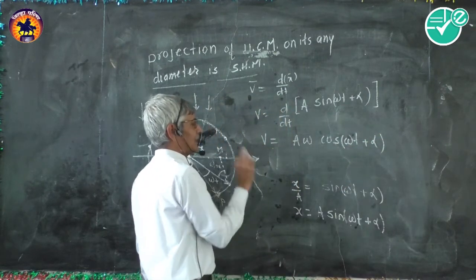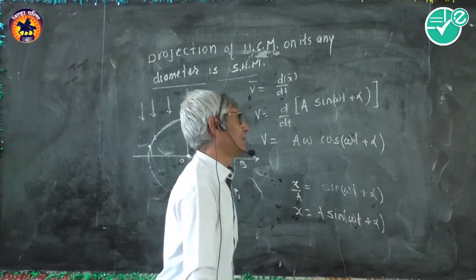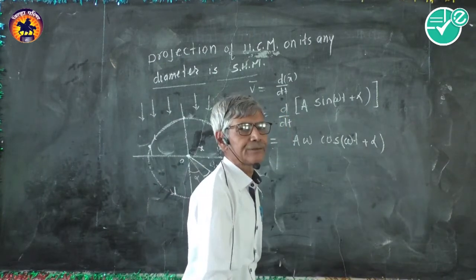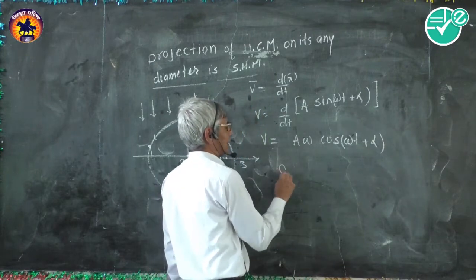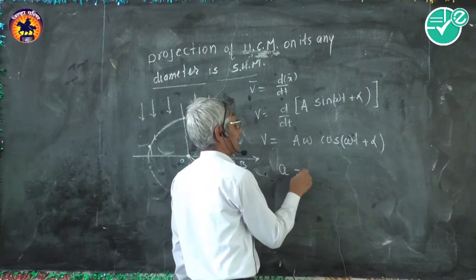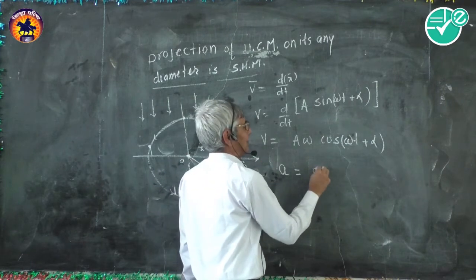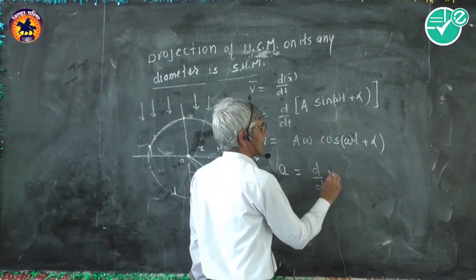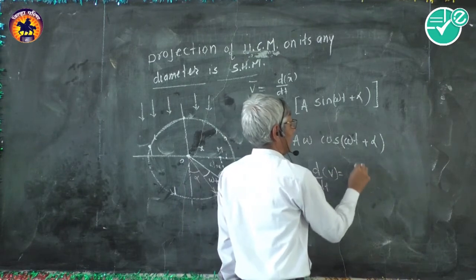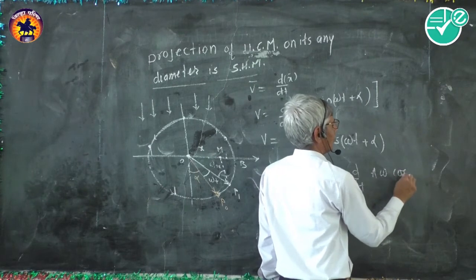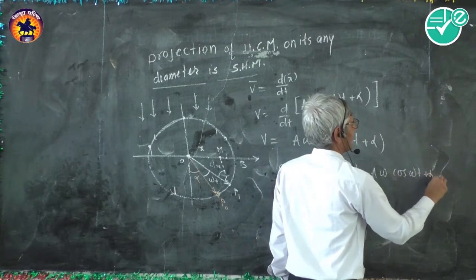Now, if we differentiate this equation of the linear velocity with respect to time, we will have linear acceleration. So, linear acceleration, represented by small a, will be equal to d by dt of v, or d by dt of A omega cos(omega t plus alpha).